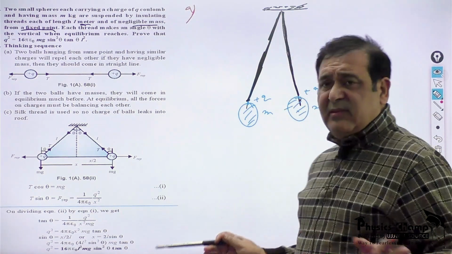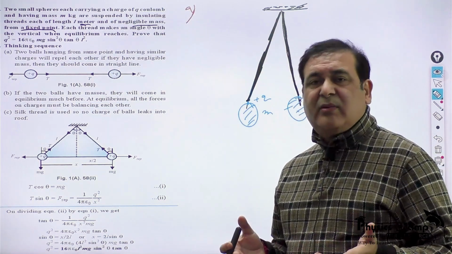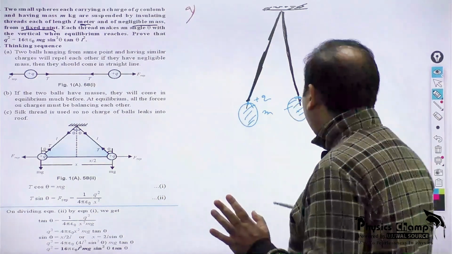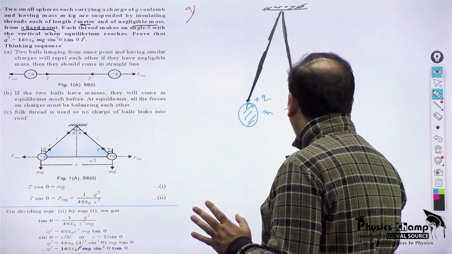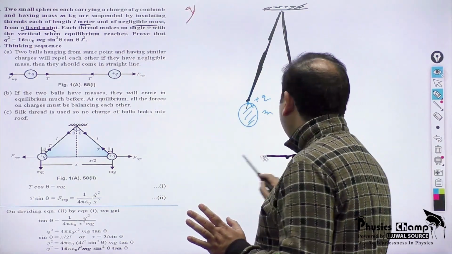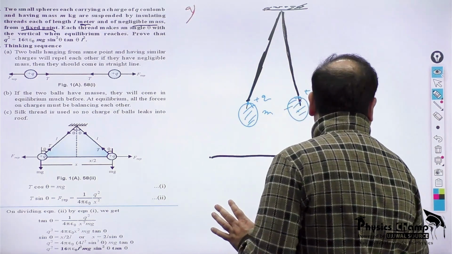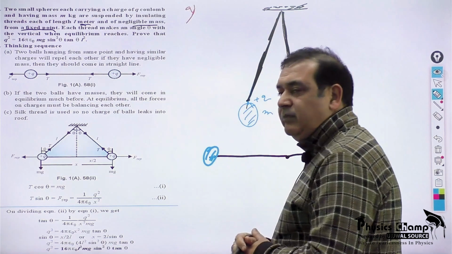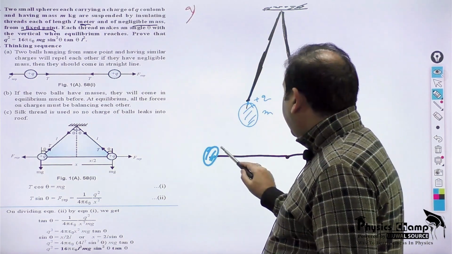In case the mass of the ball is considered to be 0, we can say that the two balls will in fact arrange themselves like this if these are massless balls, because they both are carrying charge q.